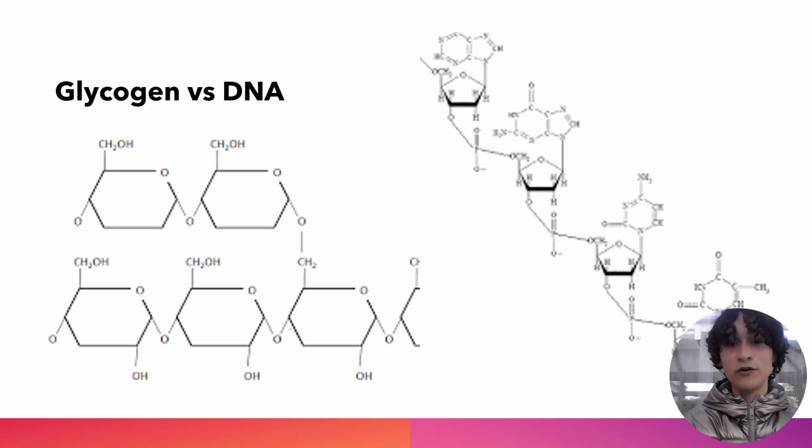So yes, the phosphate sugar backbone is consistent, but at any given point, you don't know whether you're going to get a purine base or a pyrimidine base. You don't know if the nitrogenous base could be adenine, it could be guanine, or the pyrimidine base could be thymine or cytosine. So that's just a comparison between different polymers we see in our own biology, glycogen versus DNA.